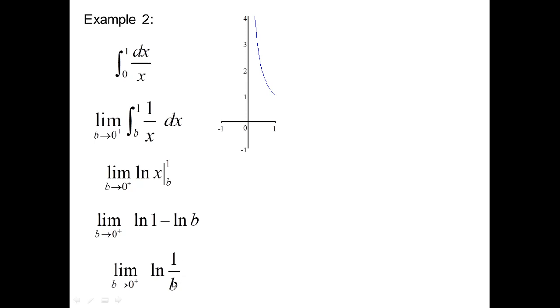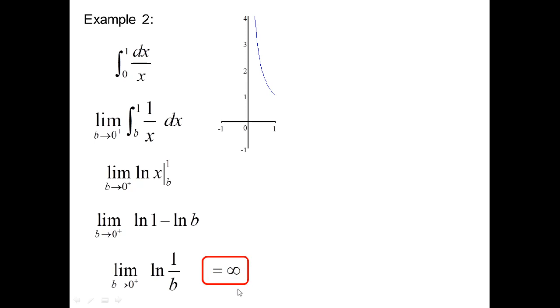We could also write that by combining these natural logs into one. When we do that, we've got 1 over b, and as b approaches 0, this thing's going to go off to infinity, and the natural log will also approach infinity.